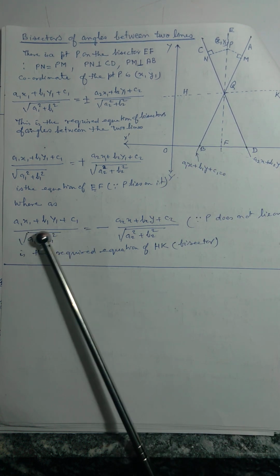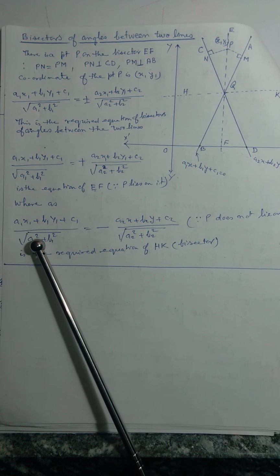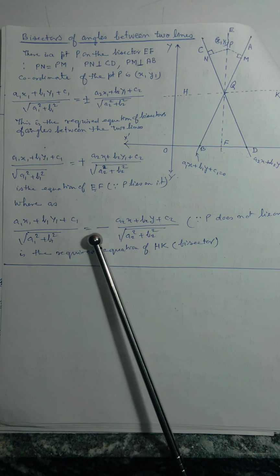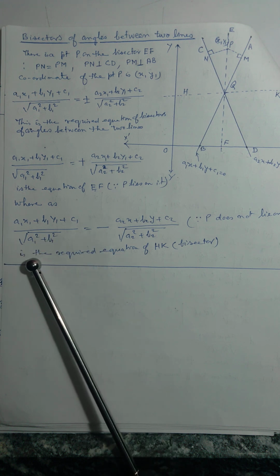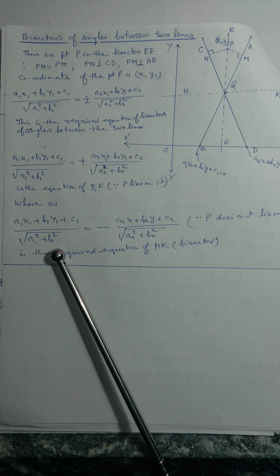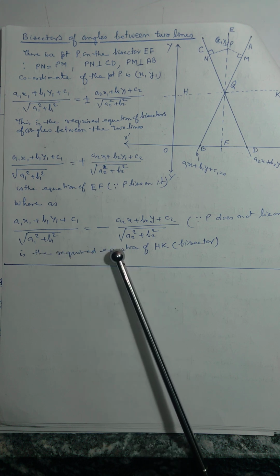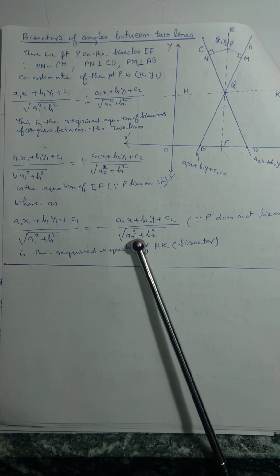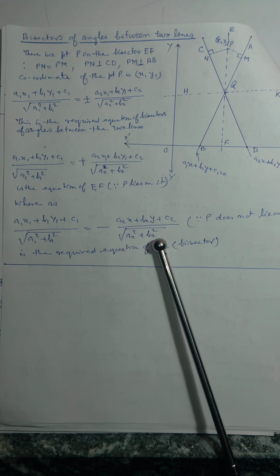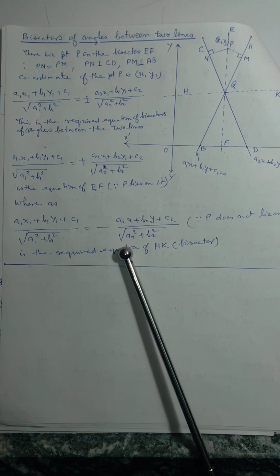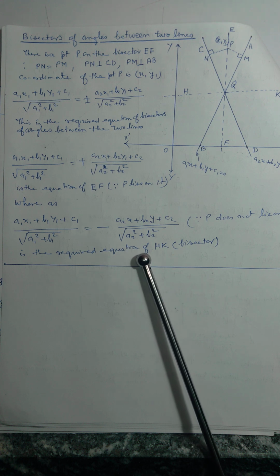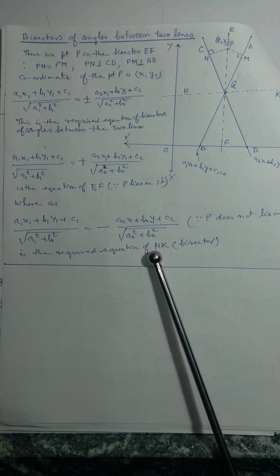So here I have written separately a1x plus b1y plus c1 whole divided by root of a1 square plus b1 square is equal to minus a2x plus b2y plus c2 whole divided by root of a2 square plus b2 square.